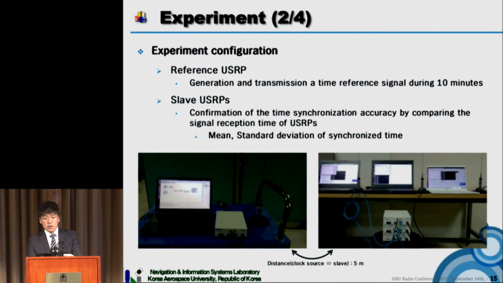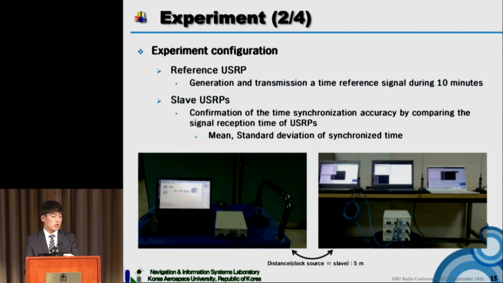One USRP was utilized as a reference USRP, reference unit, and the other 3 USRPs were utilized as slaves. Each experiment set consisted of a USRP, a laptop, and a UHF antenna.